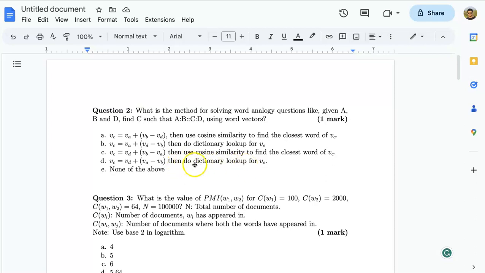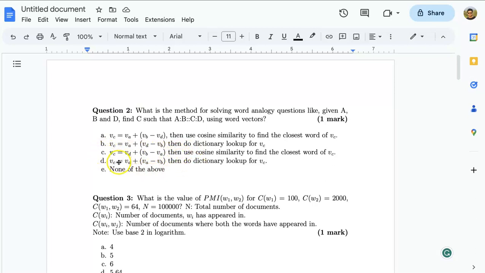If they said, without doing the dictionary lookup, we need to get the distance of VC with each element of the dictionary and find the minimum distance embedding, that would be the correct option. But if you see all these options, that is not the case.